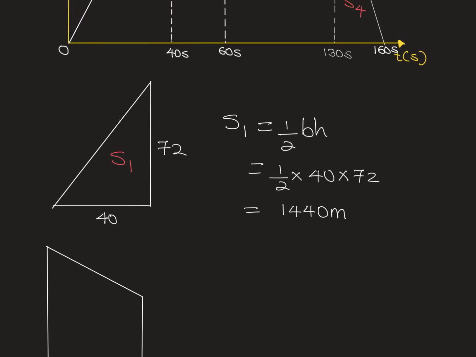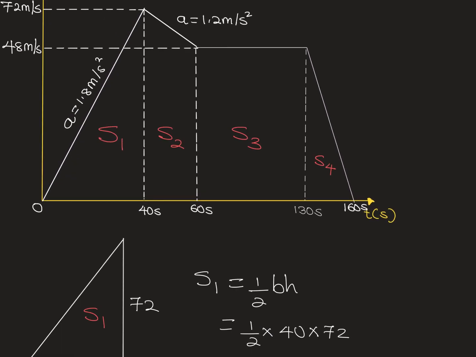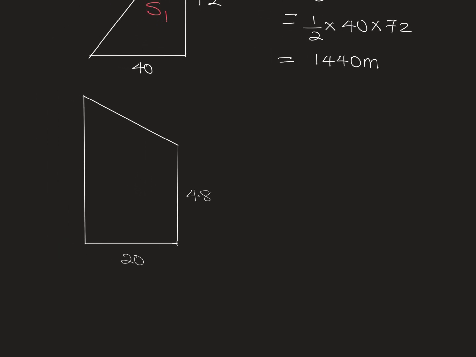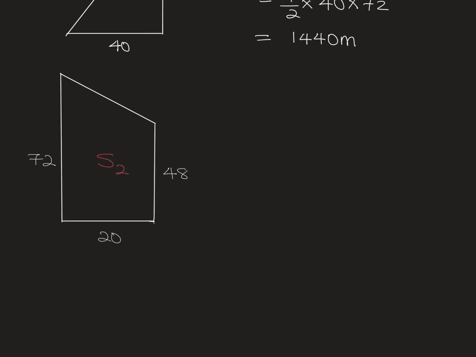Going back to the diagram, the time interval is 20 seconds. This side is 48 meters per second. This side is 72 meters per second. 20, 48, 72. So that is S2.